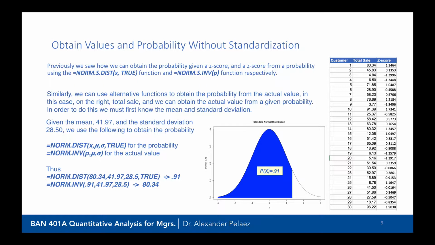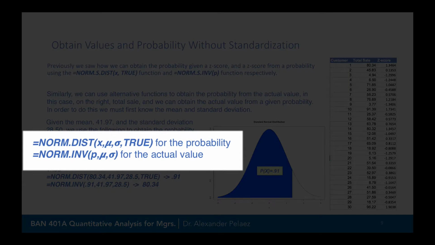So given the mean 41.97 and the standard deviation, in order to obtain the probability, we would do NORM.DIST of x. We provide the x value, which is the total sale, 80.34. We put in our mean, 41.97, the standard deviation, 28.5, and TRUE for the cumulative probability.